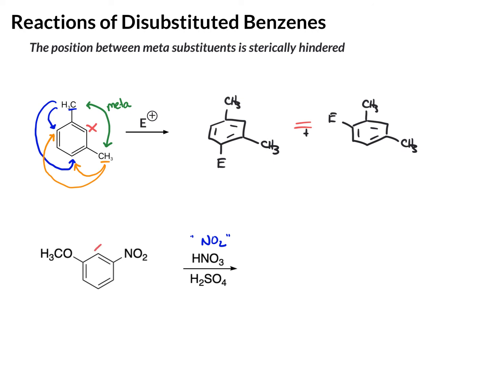So just go ahead and put an X here between them to block out that position. Now between these two groups, the nitro group is a deactivating group. The methoxy group is an activating group. The methoxy group is going to direct the reaction. It's a more powerful activator.